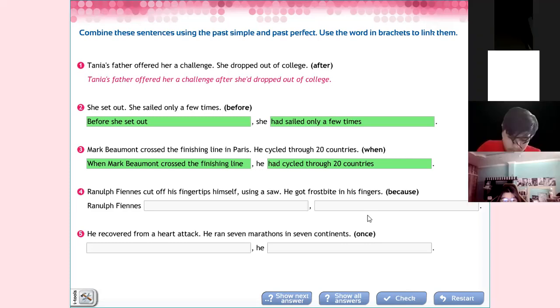Cristel Rolando. Cristel? Ralph Fiennes cut off his fingertips himself using a saw. He got frostbite in his finger because... give explanation. Ralph Fiennes. All right, what's the idea?